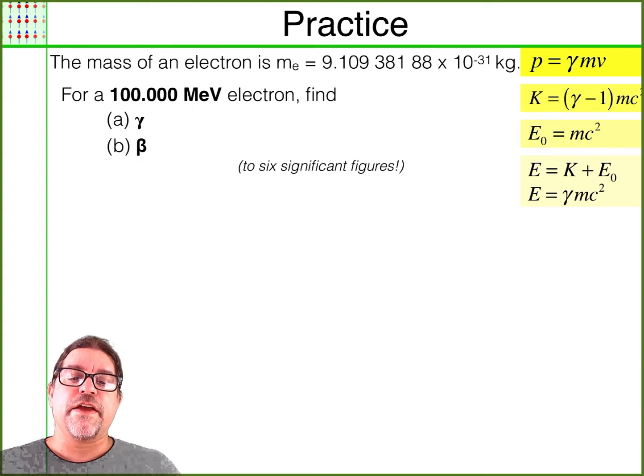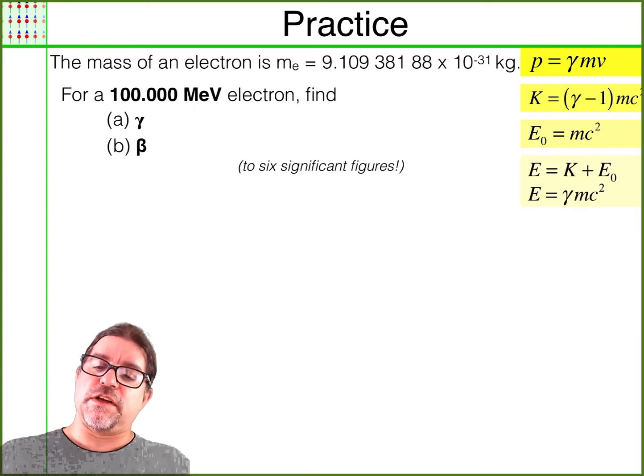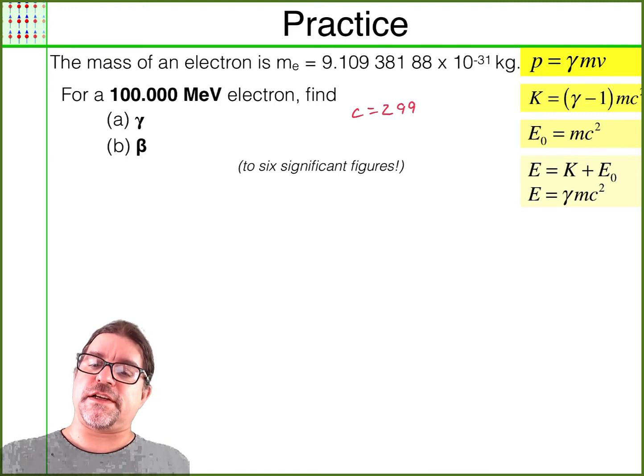And I'm saying, for a 100 MeV electron, find gamma and beta. For this we'll use the speed of light as 299,792,458 meters per second.